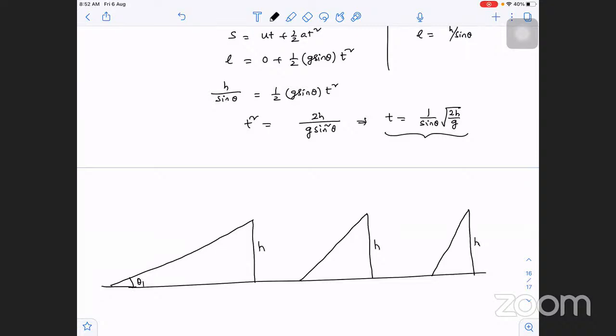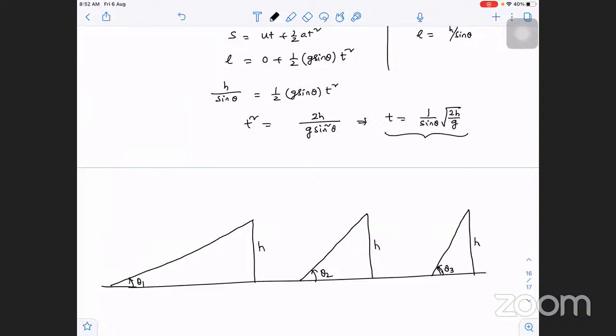This is theta 1, theta 2, and theta 3. Tell me what is the relation between theta 1, theta 2, theta 3? Which one is the least angle? You can answer in terms of 1, 2, 3. Very good, Ramesh.